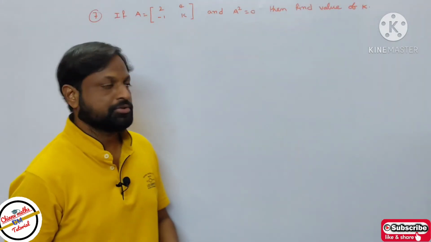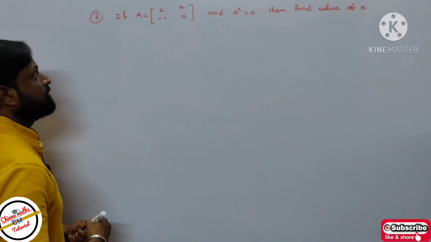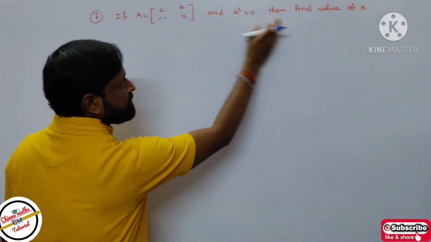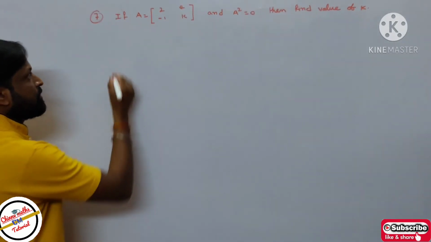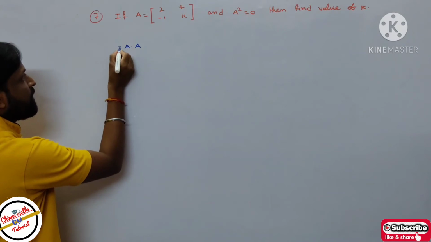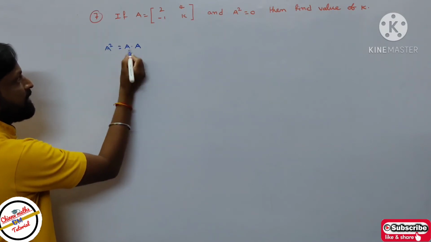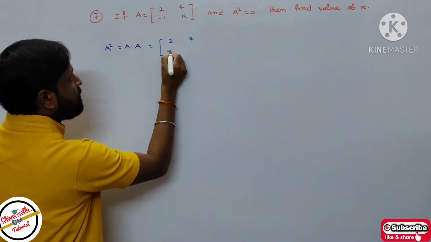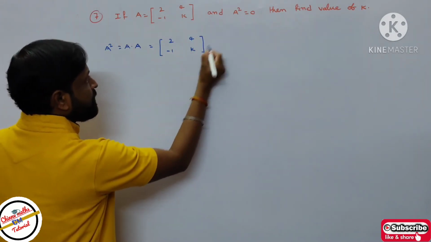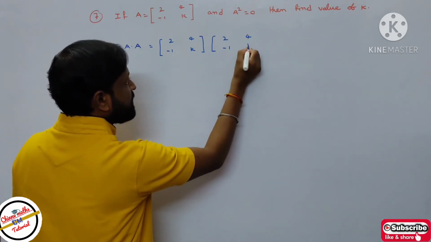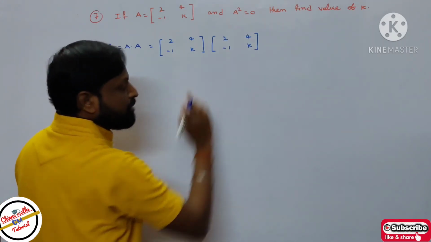Next question we discuss. If A equal to the given matrix and A square equal to 0, it is a given condition, then find the value of K. So before that, find the A square value. A square can be written as A into A. So matrix A equal to 2 4 minus 1 K, and again matrix A is taken as 2 4 minus 1 K. Both are 2 by 2 matrices.